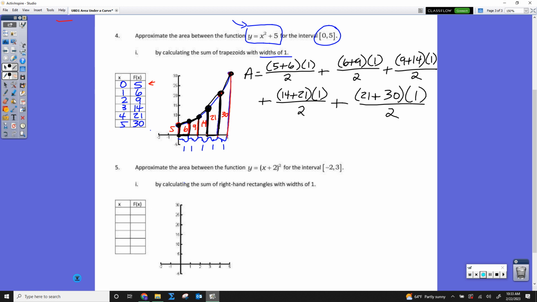There are different ways you can work with this problem if you didn't have a calculator. They all have 1/2s if you want to factor out the 1/2, and it's just a really large adding problem. But to determine our approximate area, which I should have written over here, let me give you a little bit of a moment to determine that area, and you can check together.